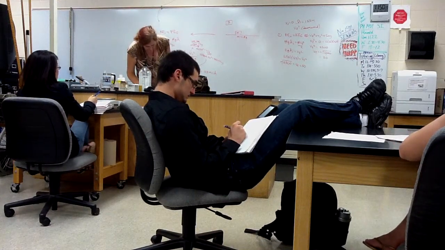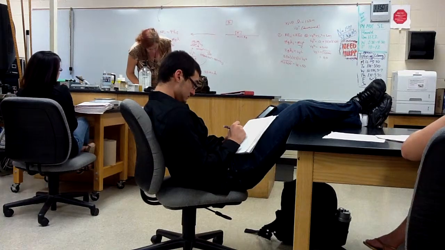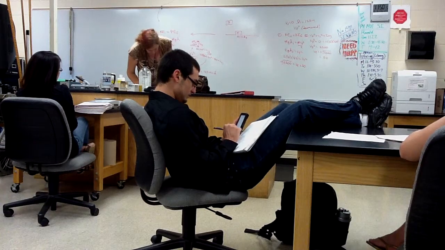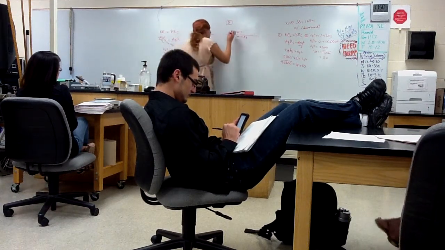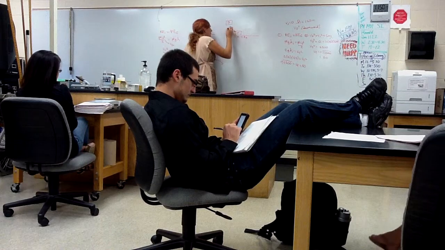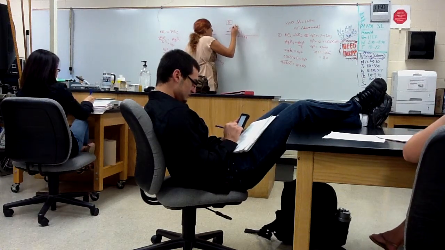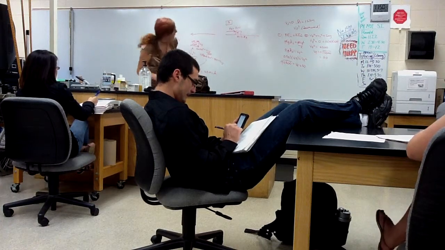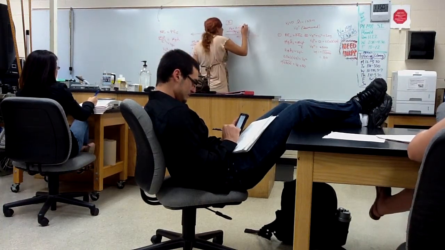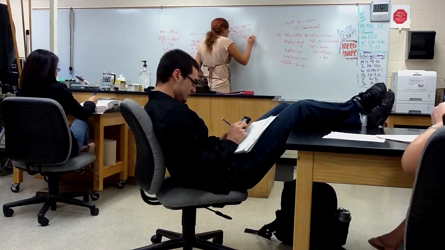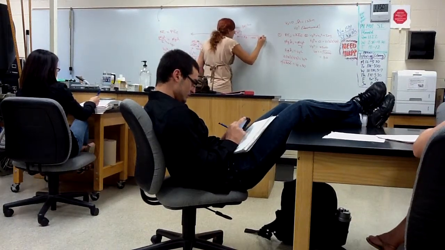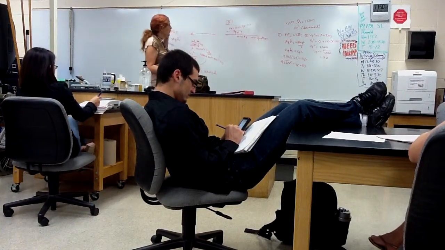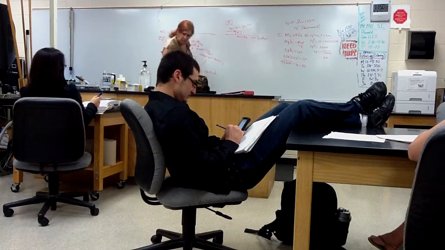And let's say we have an applied force of 10 newtons, and we apply it for 3 seconds. We're going to say there's no friction involved here. So we have no friction, an applied force of 10 newtons in that direction for 3 seconds only.